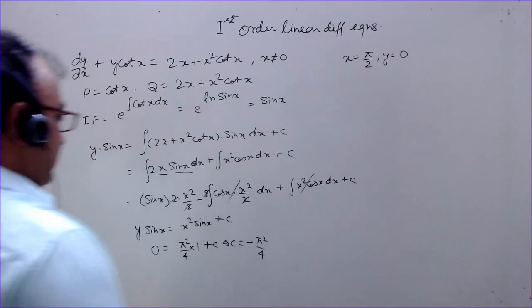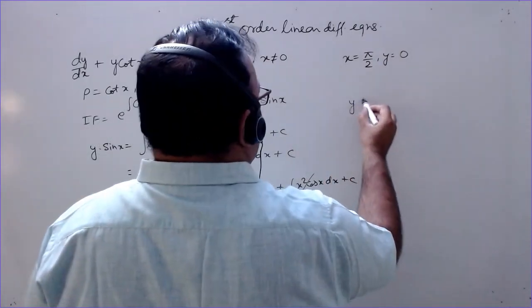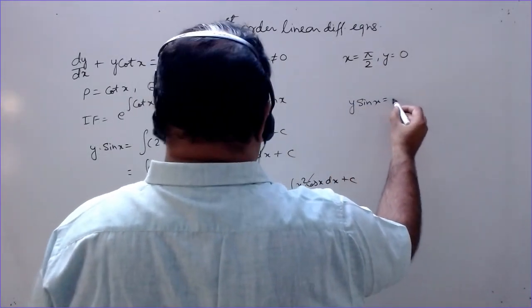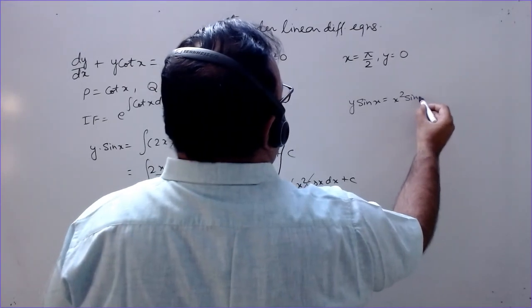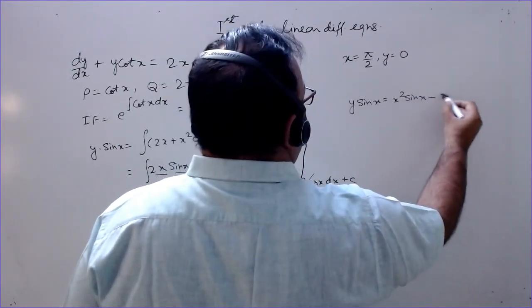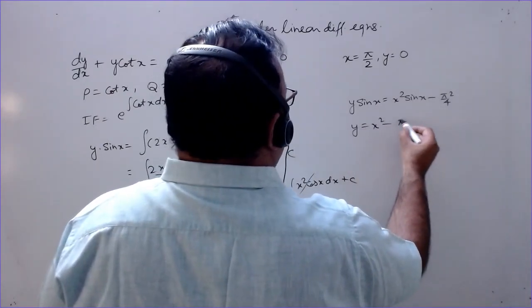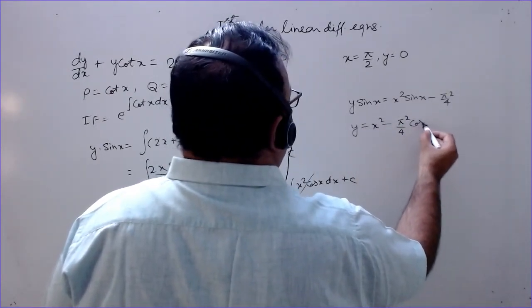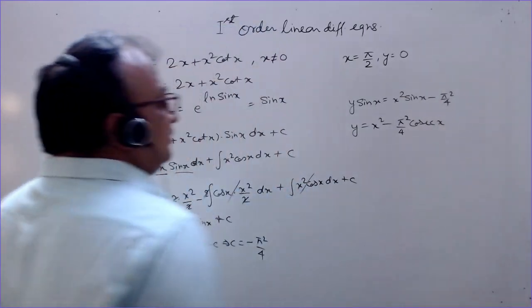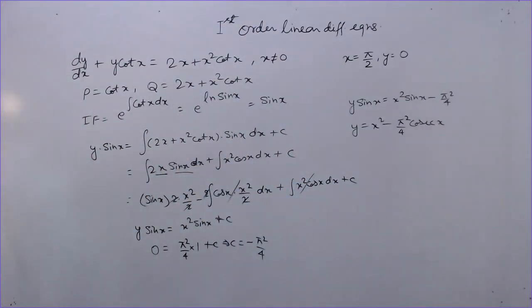The solution is y sin x is equal to x square sin x minus pi square by 4, or y is x square minus pi square by 4 cosec x. This is the final solution to this equation. Let us solve the next question now.